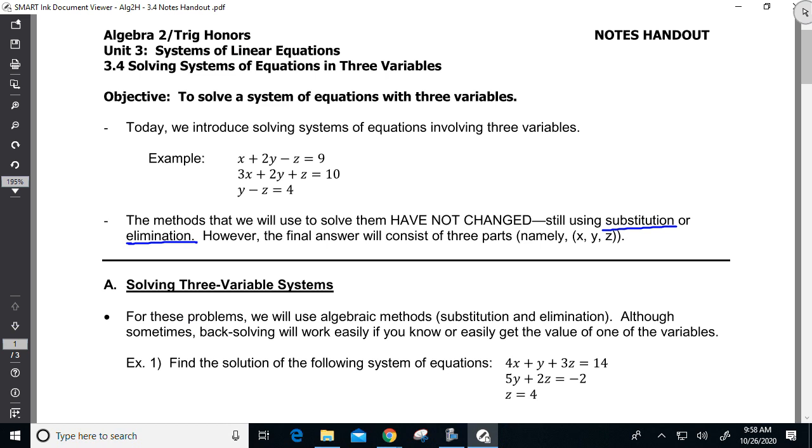So you've seen systems with three equations and three variables a couple times on extra credit. I know there was one on extra credit from the quiz from last weekend. So now we'll actually go into how we go about solving these things.